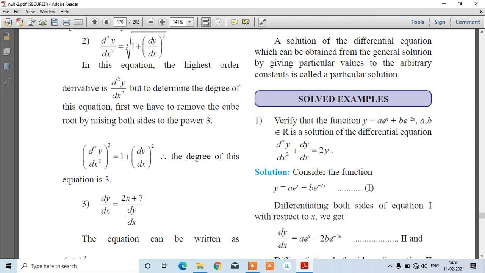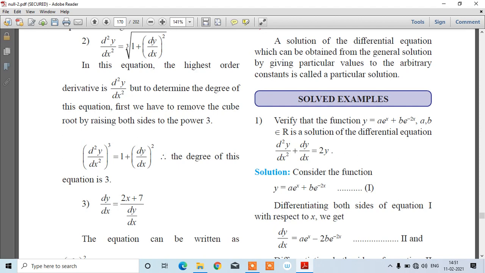So what will you get? We get (d square y upon dx square) raised to 3 is equal to 1 plus (dy by dx) bracket square. And now the degree of this equation is 3 because the highest order derivative is of order 2 and its power is 3. Okay, so the degree of this equation is 3 and the order is 2. Order 2, degree 3. So here we removed the fractional indices and then got the degree.